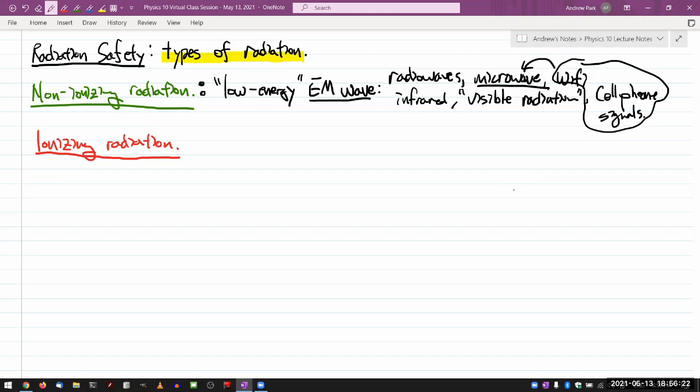So all these are non-ionizing radiation in the sense that all these have photons, particles of light, with not enough energy. Not enough to do what? Not enough to ionize the atoms and molecules. Not enough energy to give to the electrons to liberate them from atoms and molecules.